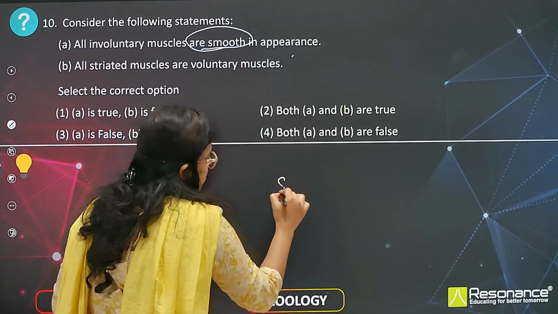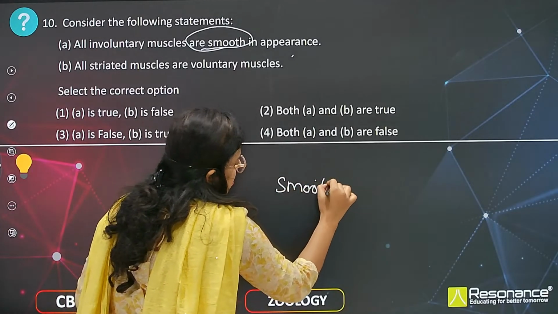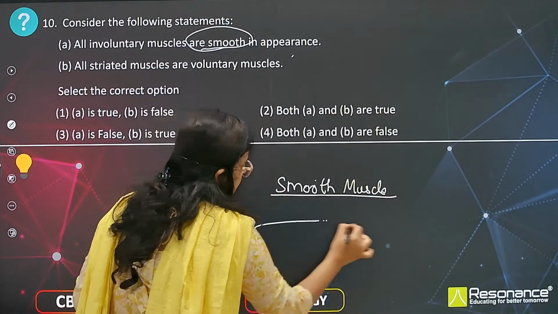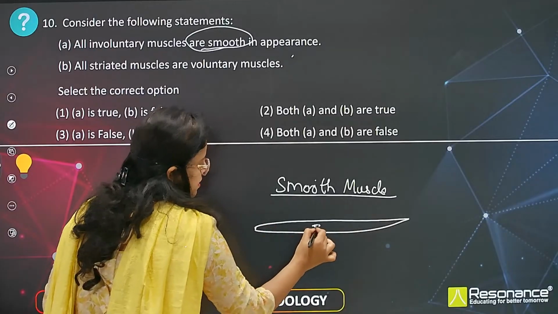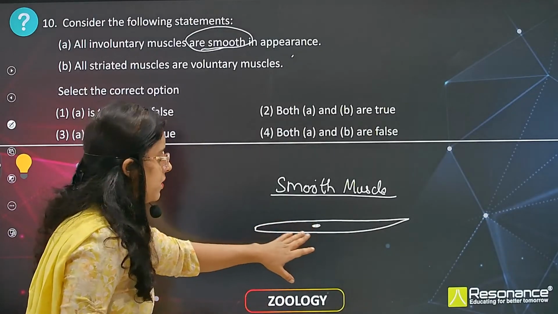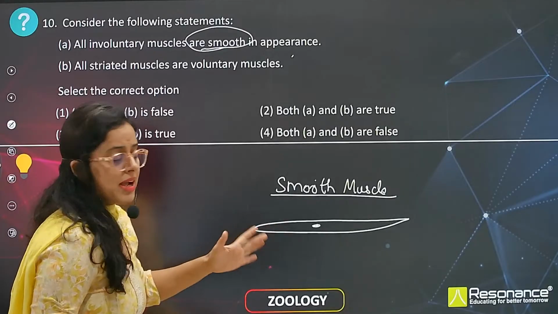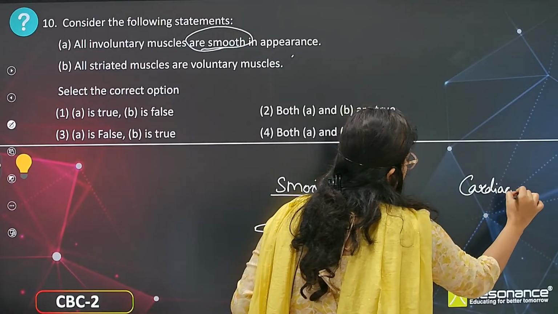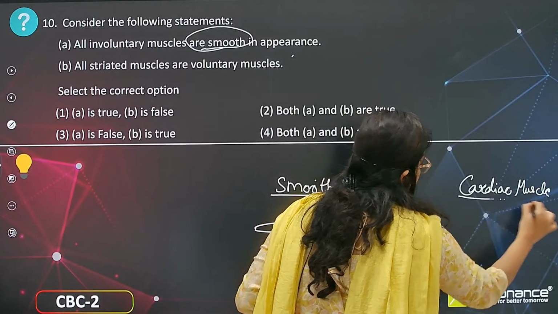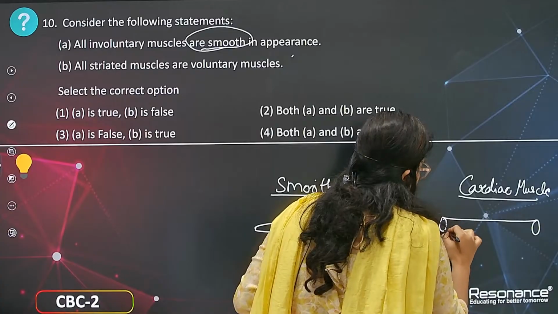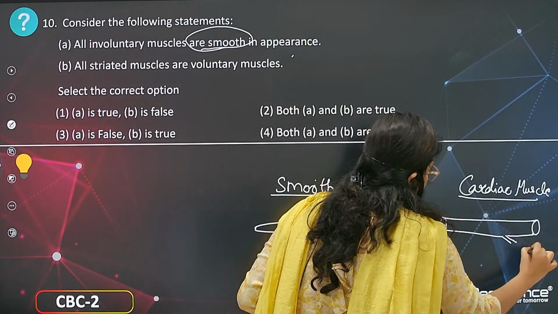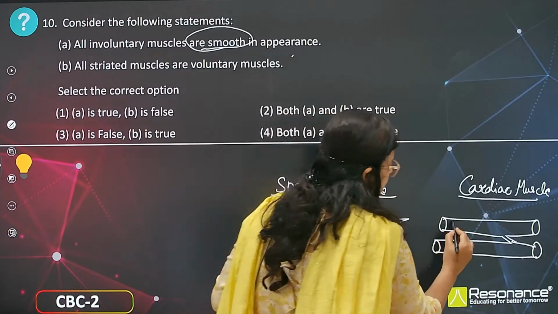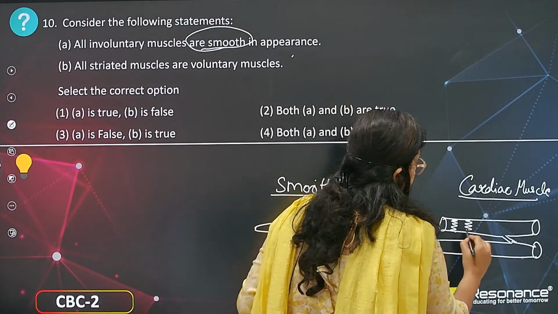Smooth muscles don't have striations. They are spindle shaped and uninucleate, and light and dark bands are absent. Whereas cardiac muscle has light and dark bands.